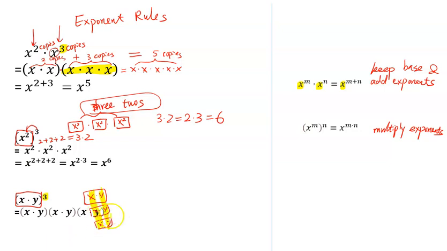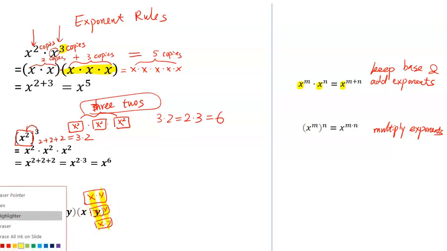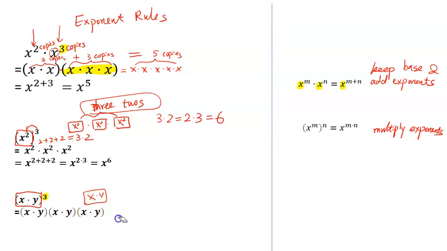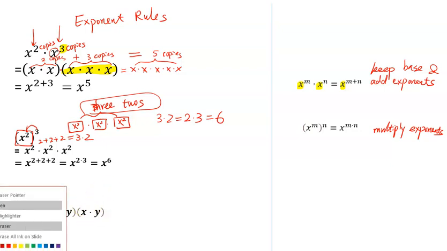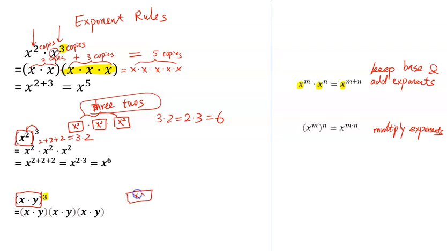So this is what we have here. Let me move this a little to the right. So you have xy, xy, and xy. And you just multiply all of these x's and all of these y's. So that will give you x to the third here and then y to the third there.